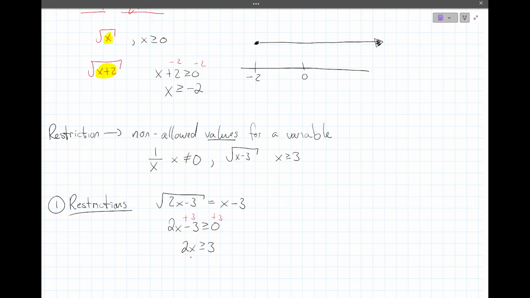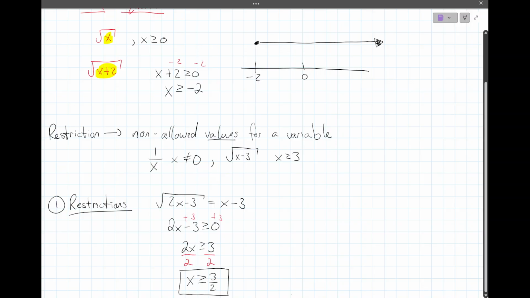Then I can divide each side by 2, and x has to be greater than or equal to 3 halves. So any x value I have here has to be greater than or equal to 3 halves.